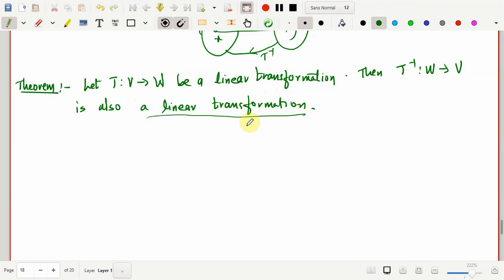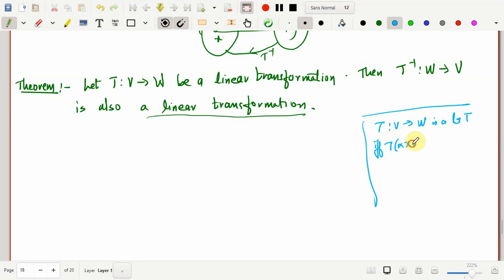So let's check this out, and I'm going to use a theorem here. What is the theorem to show that something is a linear transformation? T from V to W is a linear transformation. In this case, I have to show that its inverse is a linear transformation. So I'm going to apply the same thing, instead of T, to T inverse. T is a linear transformation if and only if T of alpha x plus beta y is equal to alpha Tx plus beta Ty.